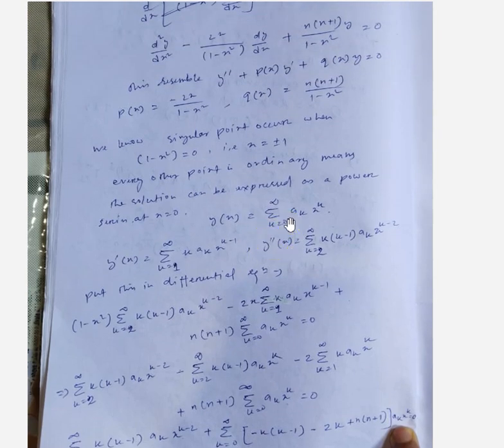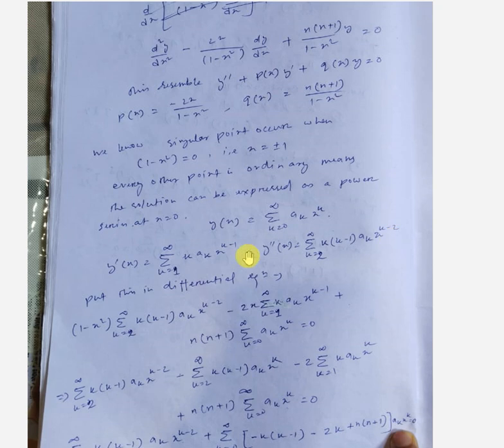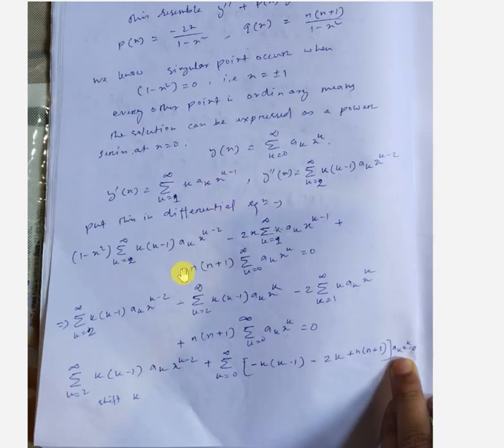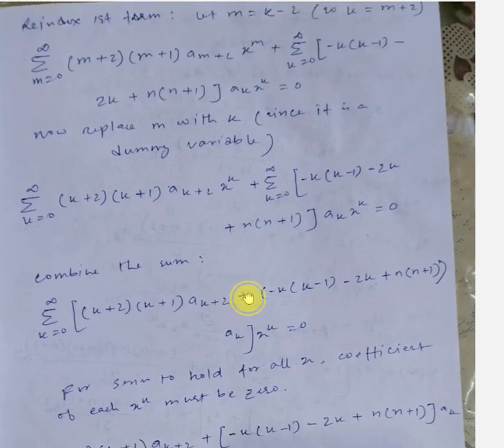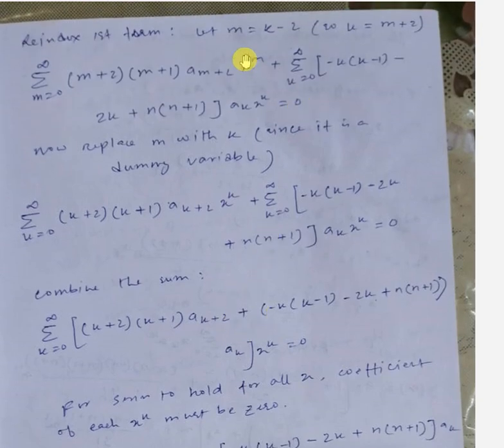If we use the power series method, differentiate it twice, then put it in the differential equation and take the common value, we're going to reindex the first term, because everything needs to be x to the power k.